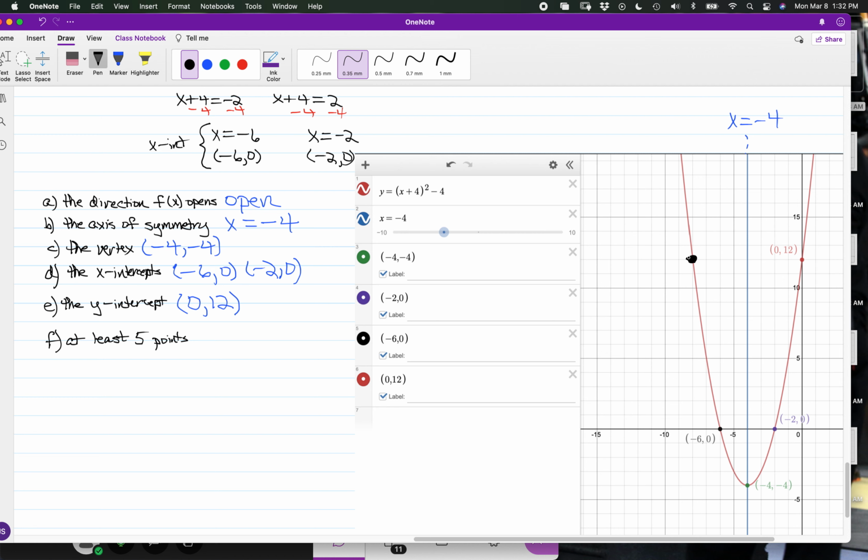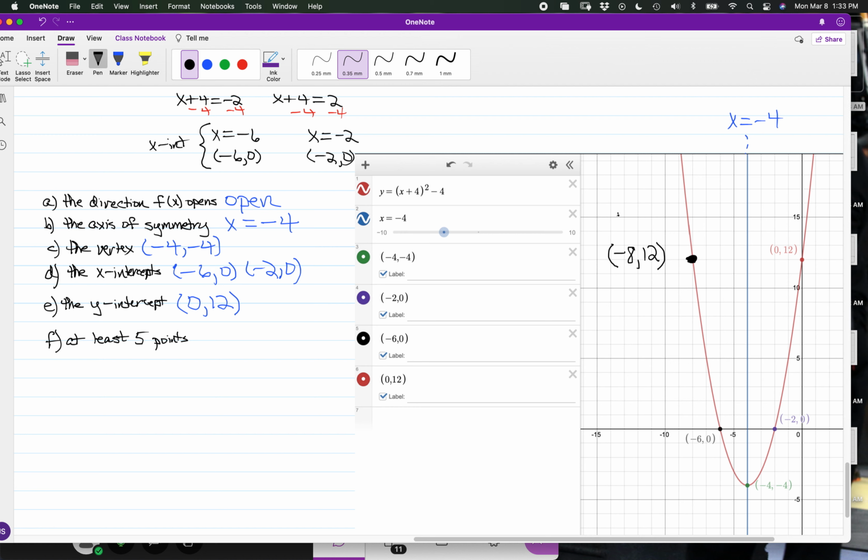This fifth point is level with the y-intercept. The y-intercept is 4 spaces to the right of the axis of symmetry, so this point is going to be 4 spaces to the left of the axis of symmetry and level with the y-intercept. This ordered pair is at x is equal to -8, and since it is level with the y-intercept, we have -8, 12.